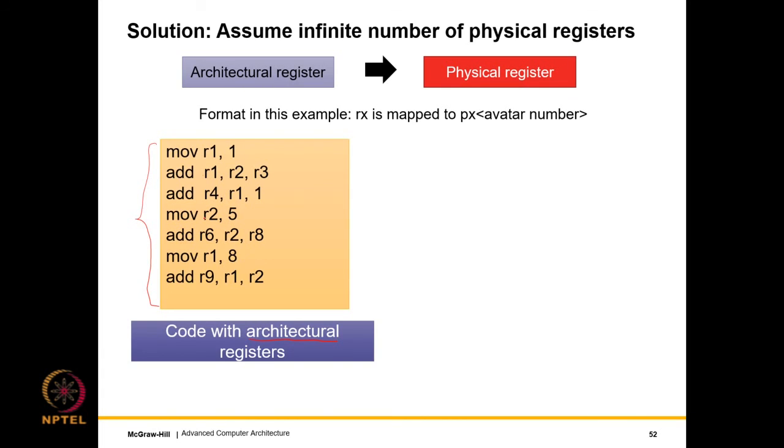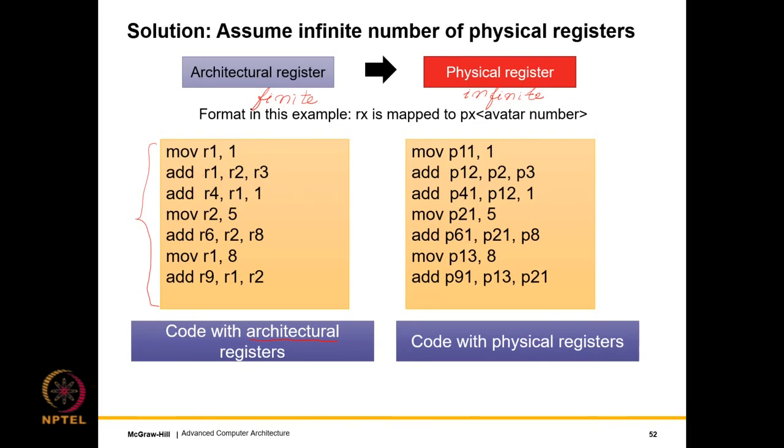So now let us assume that we have an infinite number of internal registers which are called physical registers. Of course in practice they are not infinite, but for the time being let us assume it will make our life very easy. So let us say we have a finite number of architectural registers, and we have an infinite number of physical registers.